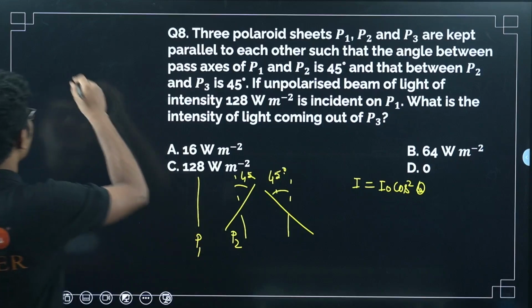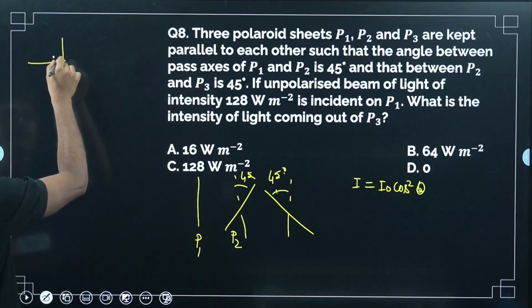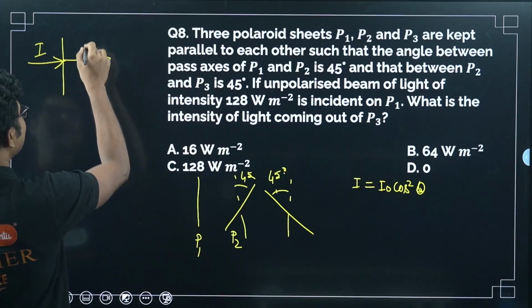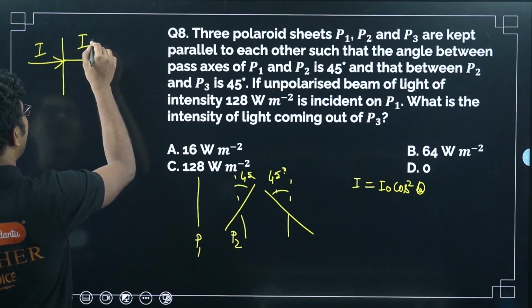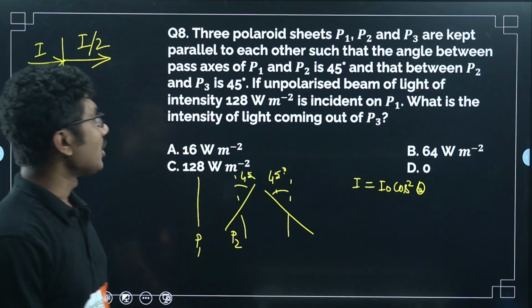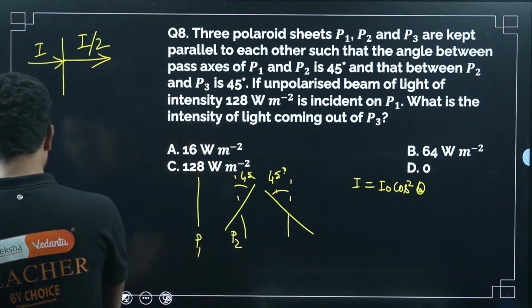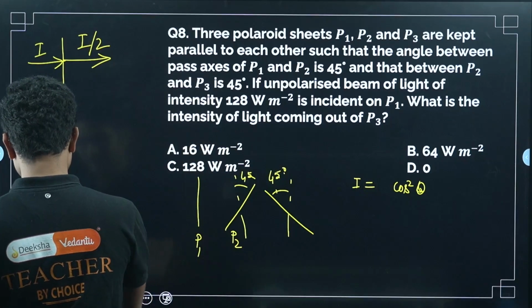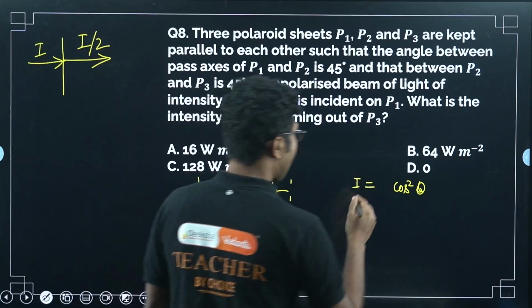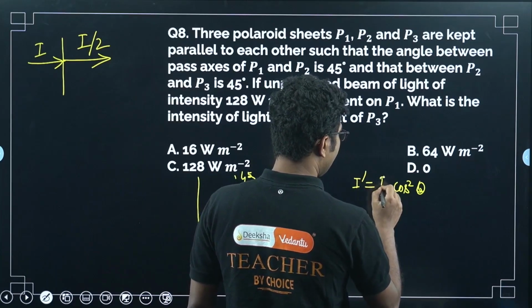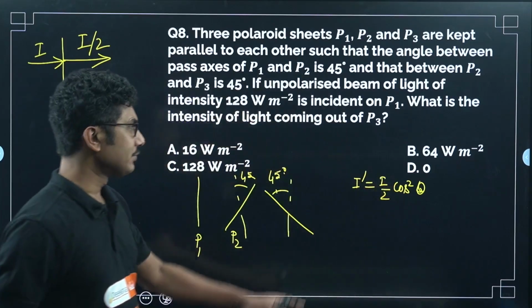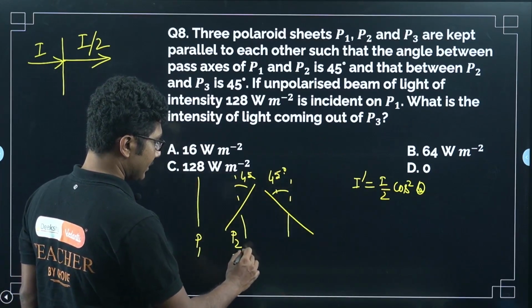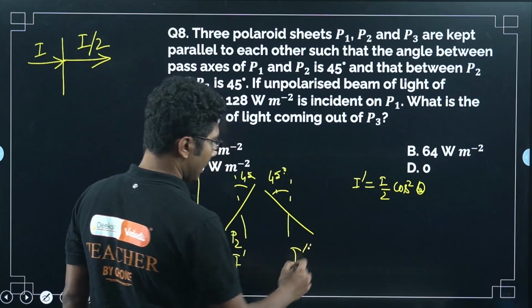Now when a ray of light passes through a Polaroid for the first time, if the intensity is I, then after the first pass it becomes I by 2. So in the first case, it will be I by 2. To not be confused, I am mentioning the intensities: this is after P2, I dash, and this will be I double dash, say.